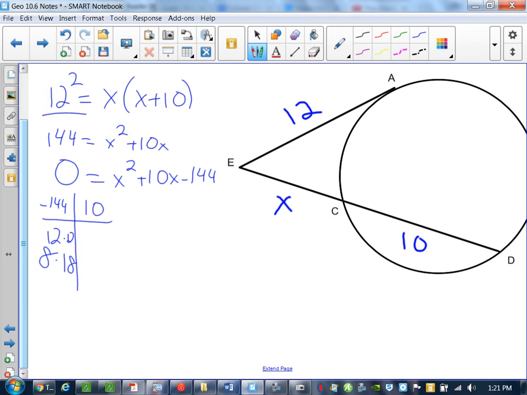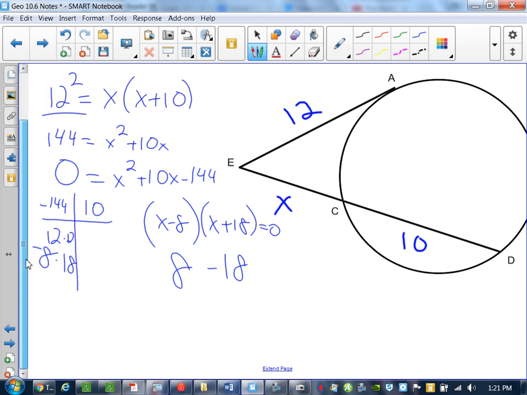So if I combine an 8 and an 18, how do I get it into a 10? Which one of those becomes positive and negative? Since this is not a 2 or anything, I can go right to this. x minus 8, x plus 18, so the solutions are 8 and negative 18.